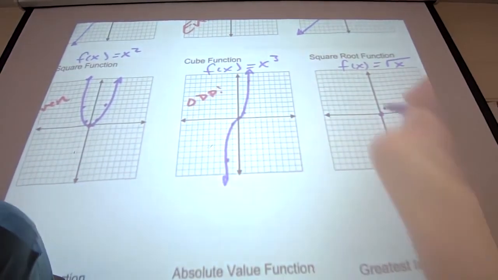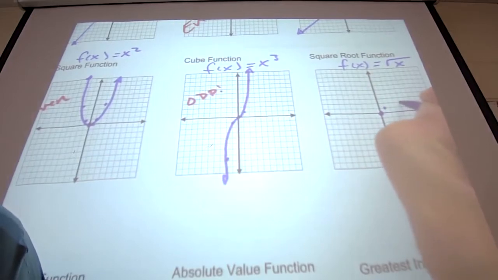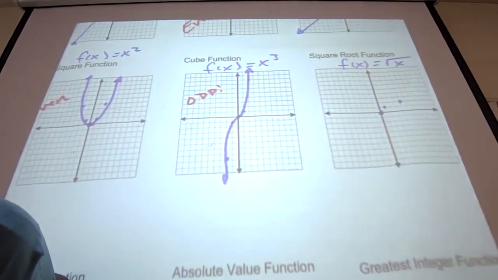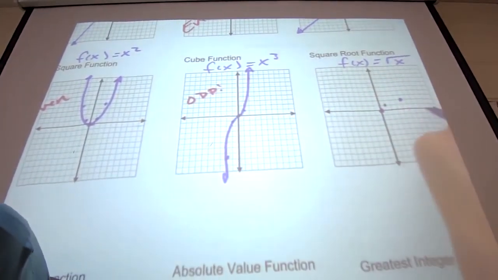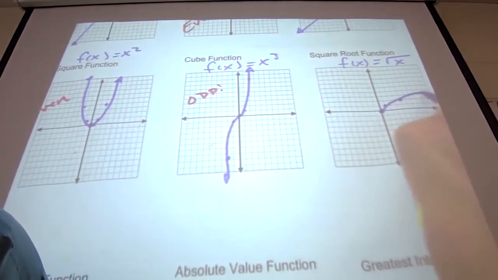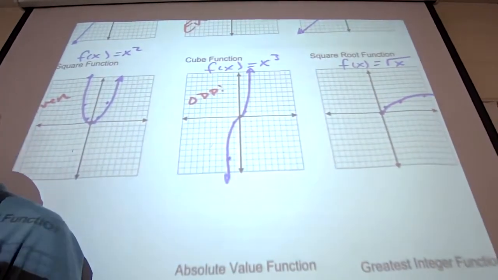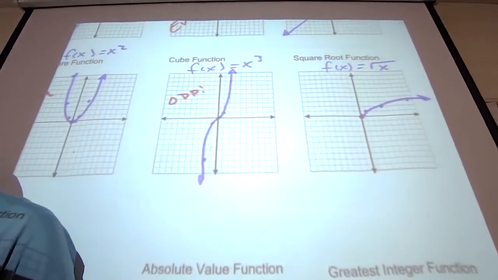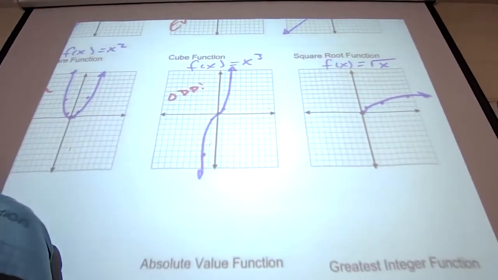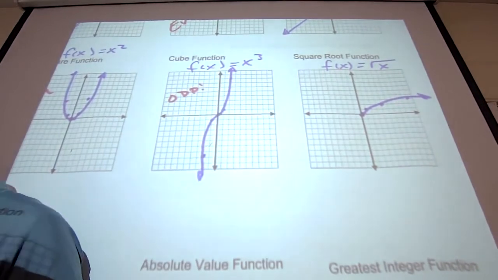The square root of 4 is 2, so over 4, up 2. I can even do 9. The square root of 9 is 3, so over 9, up 3. Basically this is half of a parabola on its side. And this one is neither odd nor even, so it would be a neither.